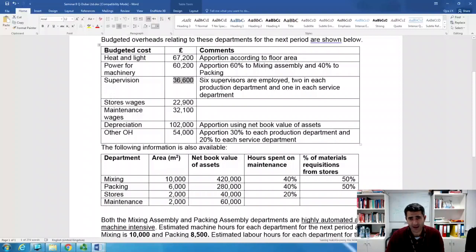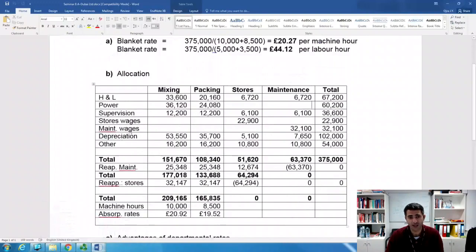That's for mixing, and packaging is the same, because 2. For the non-production departments, stores and maintenance, you do 1 divided by 6, then multiply by £36,600. This is the way you calculate the supervision cost here. Okay, good.